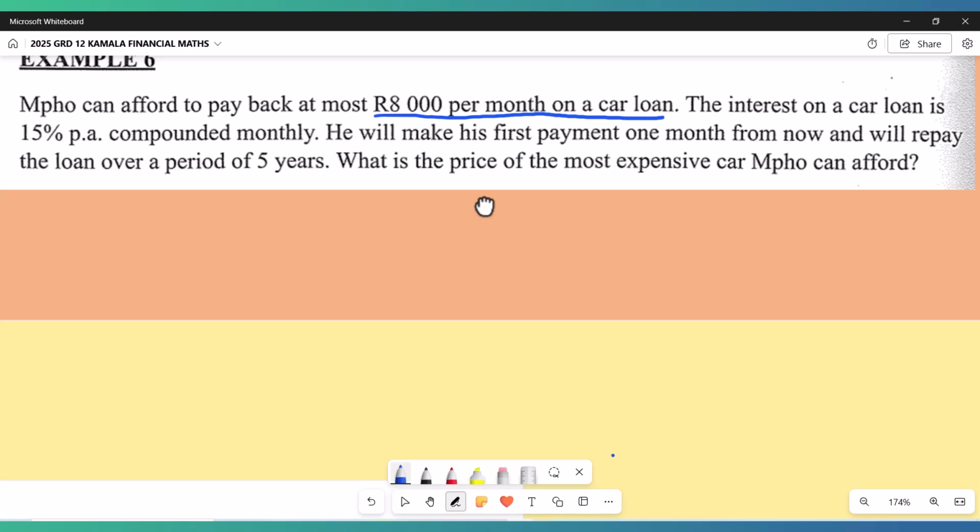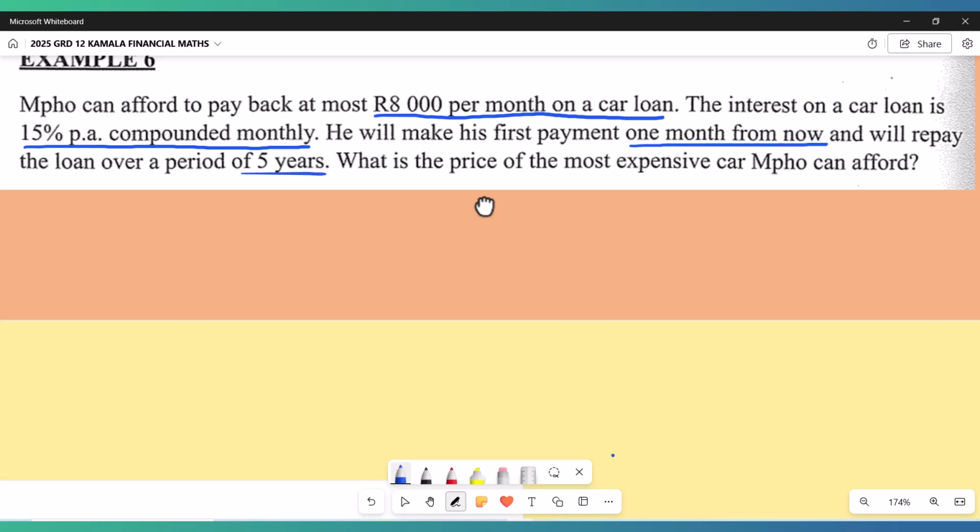The interest on the car loan is 15% per annum, compounded monthly. What did we say? Divide i by 12, multiply years by 12. He will make his first payment 1 month from now, that 1 month gap, and he will repay the loan over a period of 5 years.